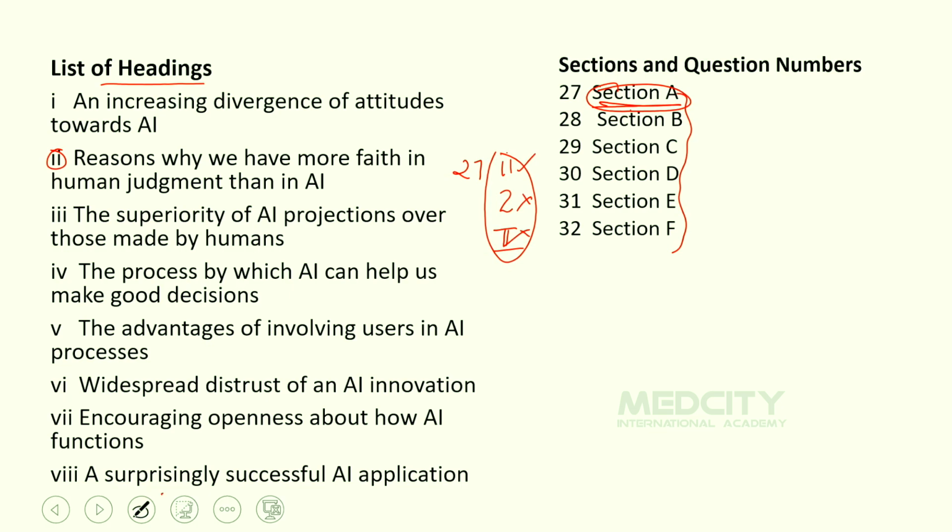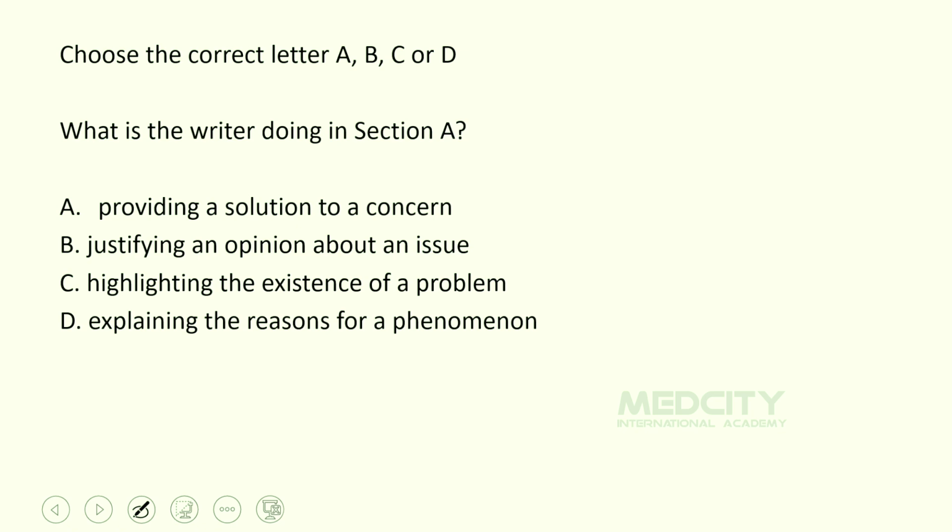Now moving on to the next question type, it's multiple choice questions. It clearly says choose the correct letter A, B, C or D, which means that you should be choosing the most appropriate option after reading the passage. So here the question is, what is the writer doing in section A?